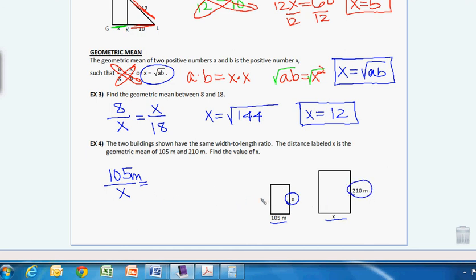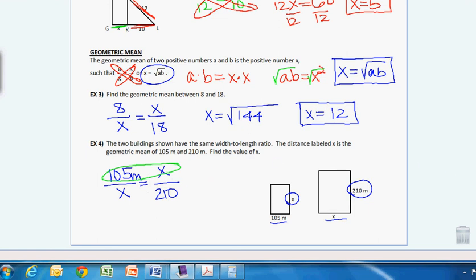I started off with the information of the smaller building, so that's going to stay on top. Then I'm going to place X and then 210. If you set up a proportion a little bit differently, that's fine, but you always want to keep the same on top and the same on the bottom.